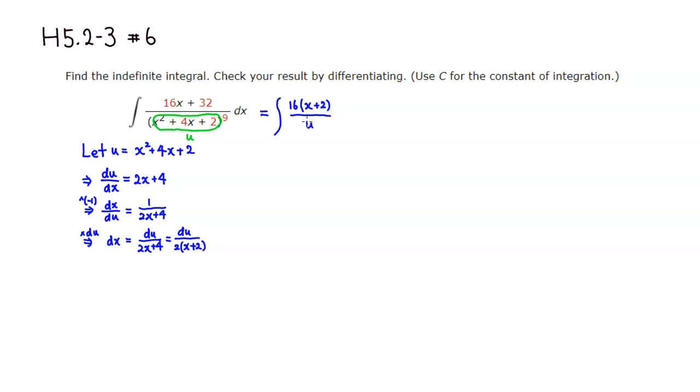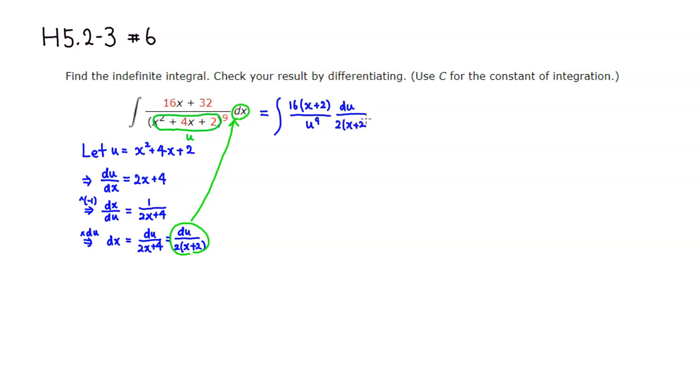So dx is same thing as du over 2 times quantity x plus 2. So we're going to plug this in right here, which will give us du over 2 times quantity x plus 2.